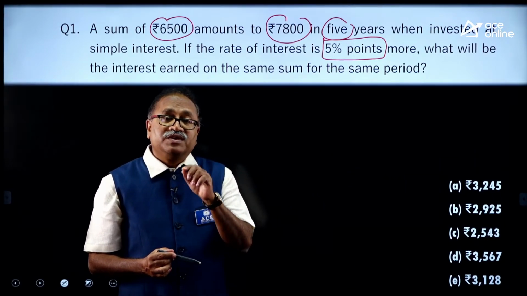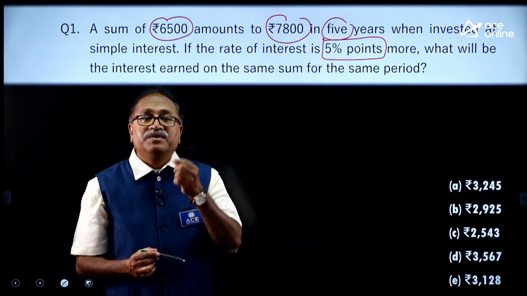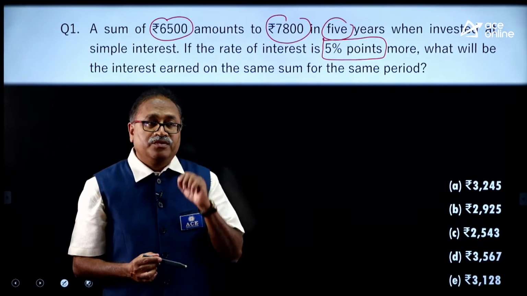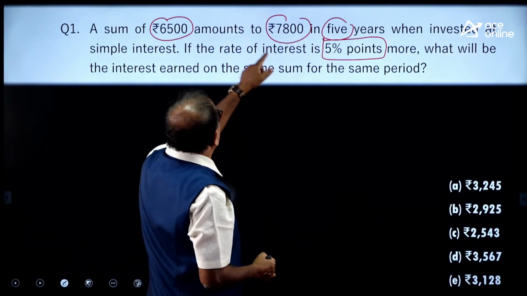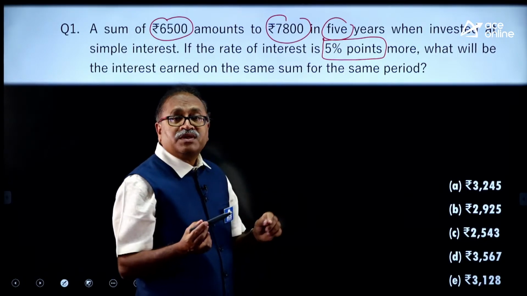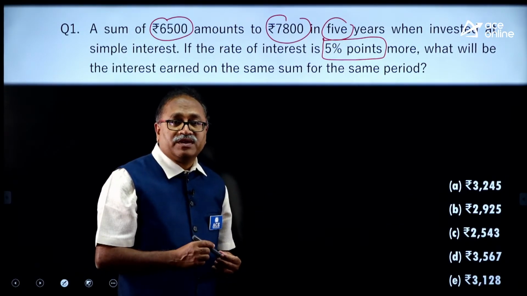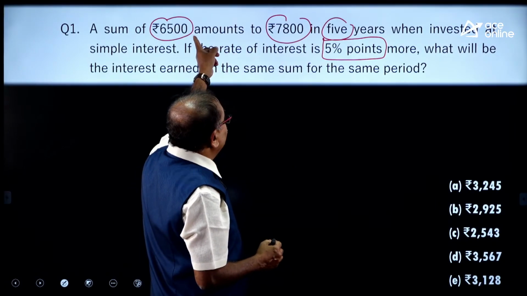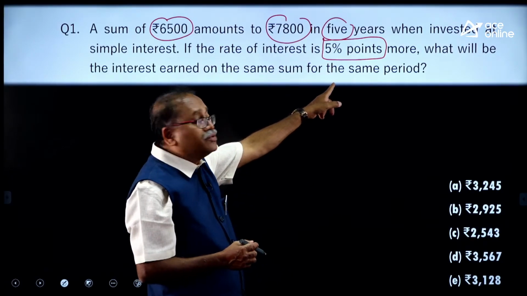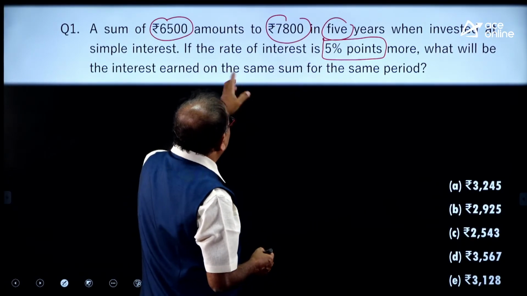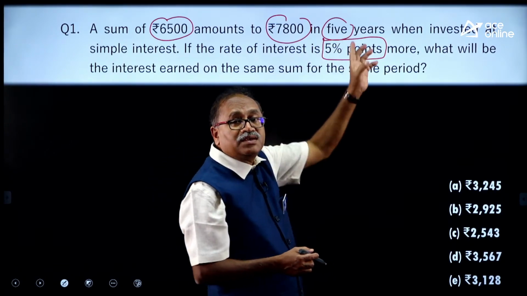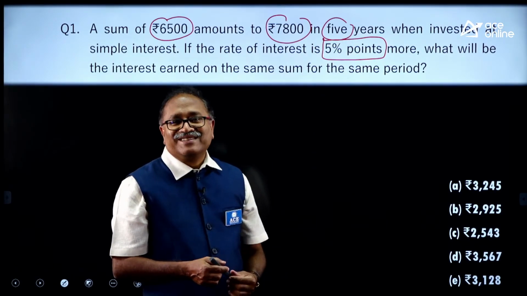What is the rate of interest in the first case? I do not know, but I have every piece of information to find it out. So, find out the rate of interest, then add 5% to it and then for the same period of 5 years calculate the simple interest.